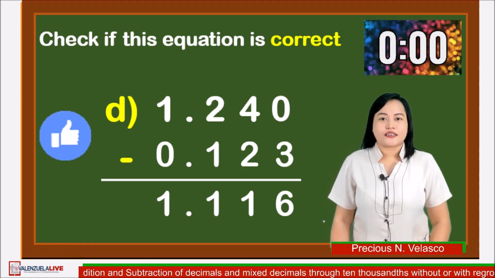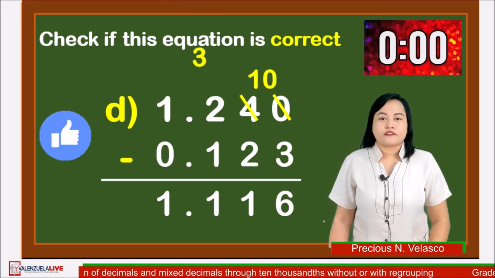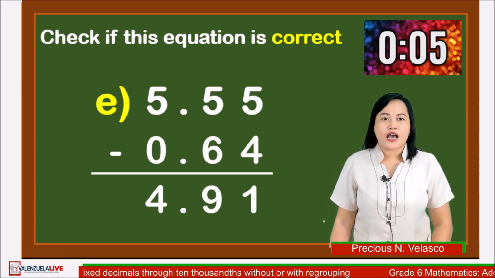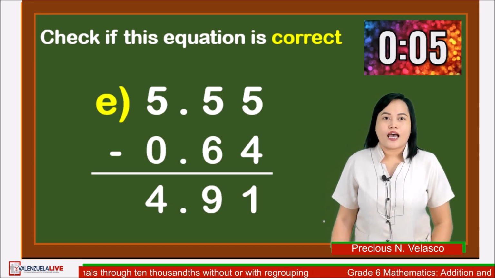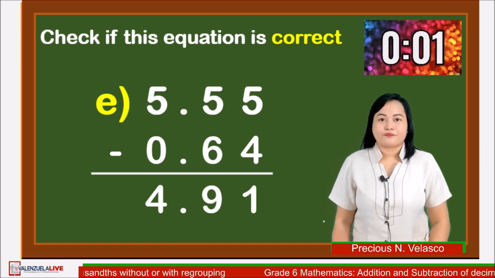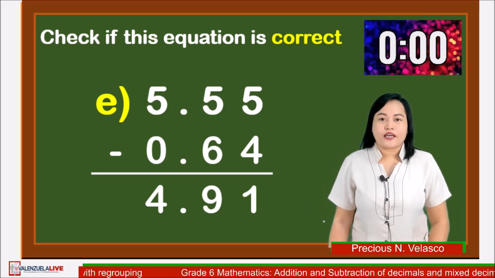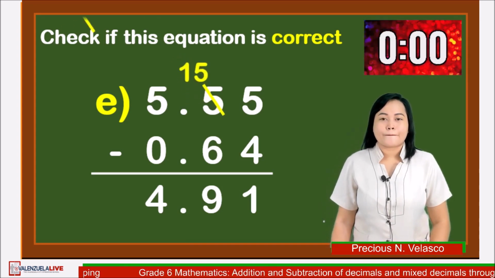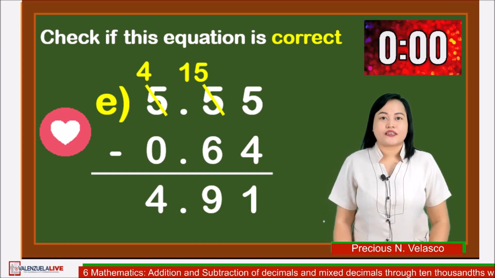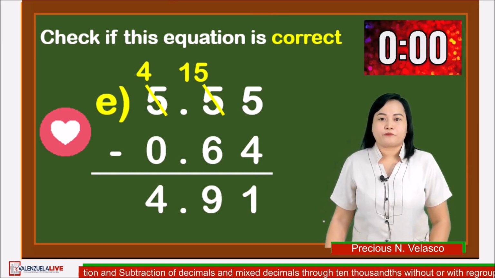So this is like, because it's correct. For the last one, your 5 seconds starts now. Okay, so time's up. The correct answer is, okay, so this is correct. Great job! You are all terrific.